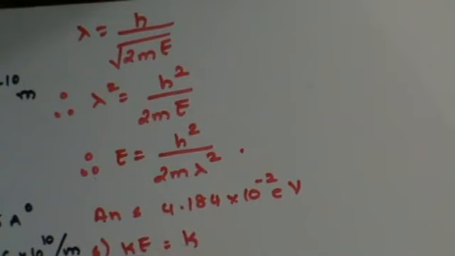The de Broglie's wavelength of a particle of kinetic energy K is lambda.